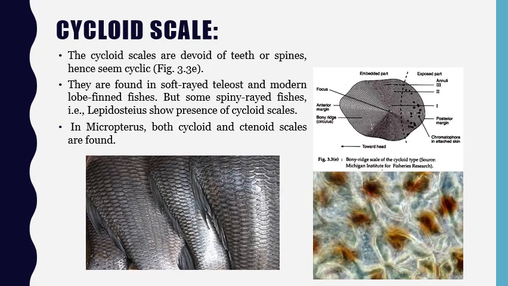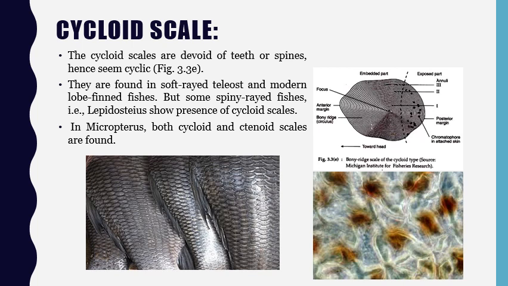Next is Cycloid scales. Cycloid scales are devoid of teeth and spines. As in the previous slide, the spines are present on this part of the scale, whereas in a cycloid scale no dentines are present in this area.